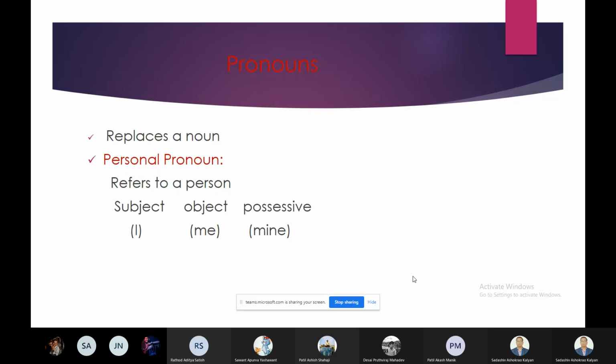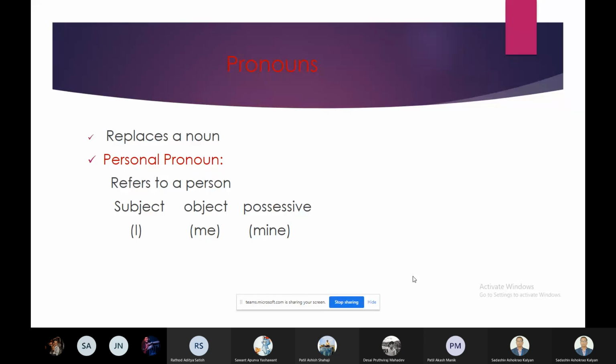After defining the pronoun, there are various types of pronouns, and the first type is the personal pronoun, which refers to an individual, that is, to a person.